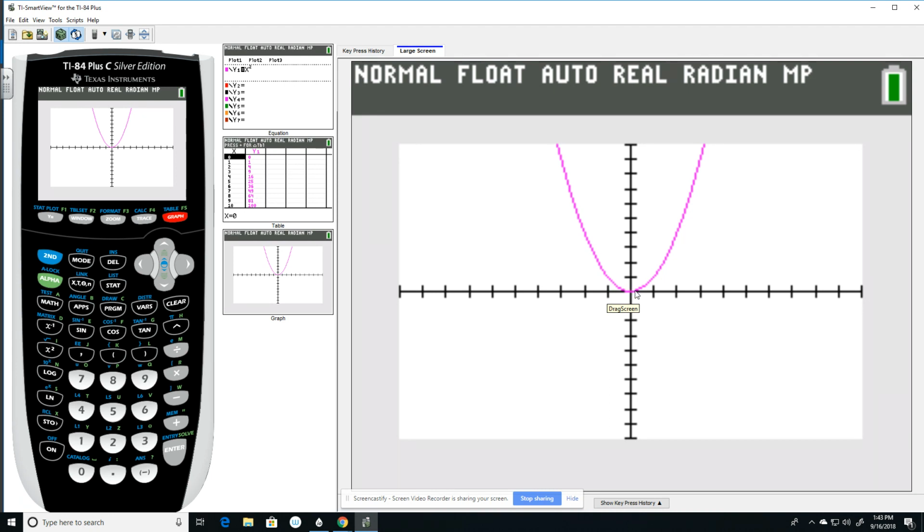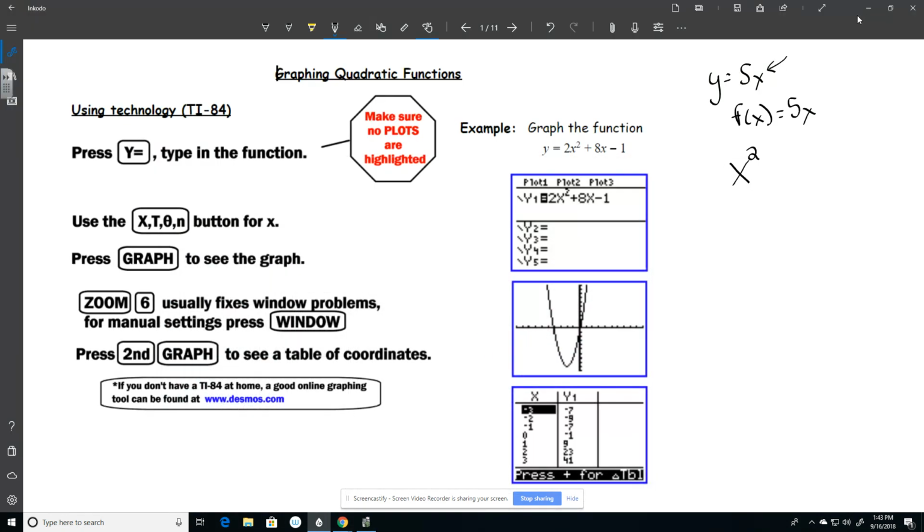So the graph of my function is symmetrical. It looks kind of like a U. And if I drew a line right here down the middle, one side is a reflection of the other side. That's just because of the nature of that squared. It allows us to get two different answers for the same input.